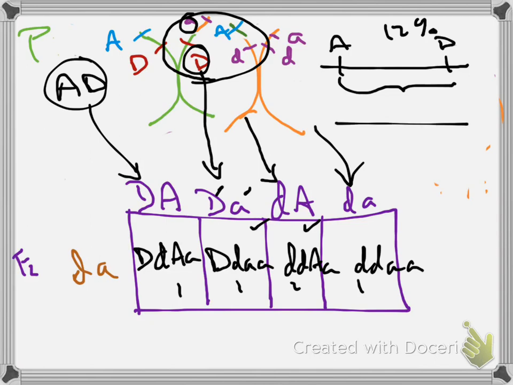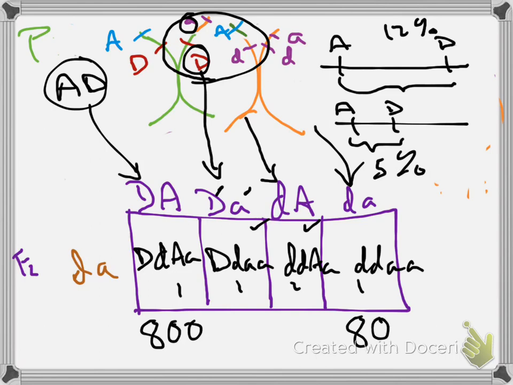Well, what if A was there and D was there? All right, well, in that distance, you may only have like a 5% chance of having a crossover because they're so close. And so this is what Morgan did, right? Let's say he found 800 offspring, fruit flies. They can really reproduce. And around 800 offspring that were just like the parents.